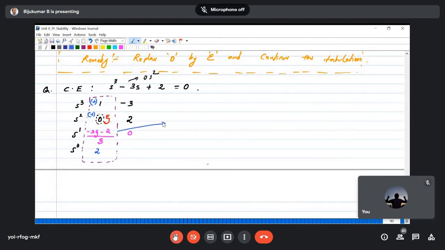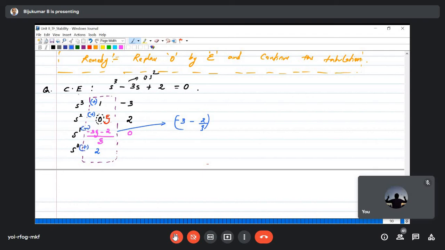Yeah, because we can write it like this, right? If you take epsilon common out, you can write minus 3 minus 2 by epsilon. If epsilon is a positive real number, this becomes negative, right? So this is negative. Again, this is positive.